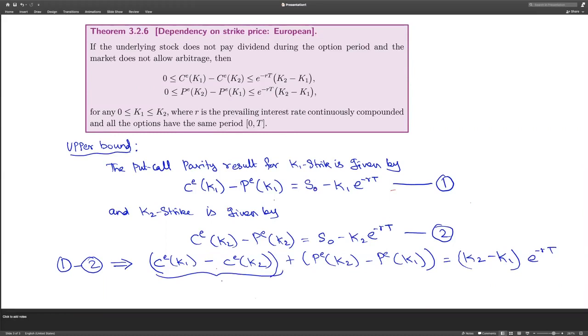From the lower bound you can see that both these are positive and their sum is equal to this term. Therefore, each one will be less than or equal to this. So that is what your upper bound says, that each of these quantities is less than or equal to the right hand side. So the upper bound is proved very easily using the put-call parity result. So this completes the proof of this theorem.